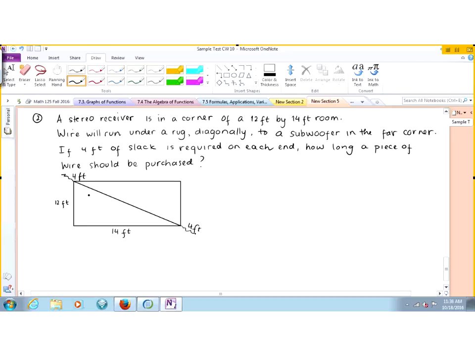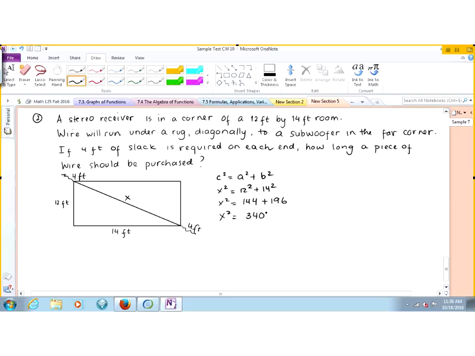So how do I find the length of the wire? What should I do? Yes, so let me do c squared equals a squared plus b squared, which is the same thing. So x squared is 12 squared plus 14 squared. What's 12 squared? 14 squared? So x squared is, what is this, 382? 340?